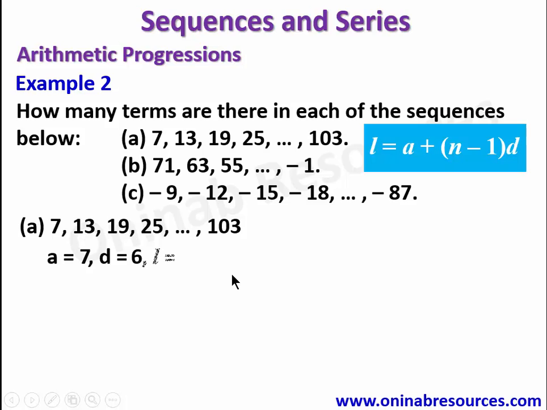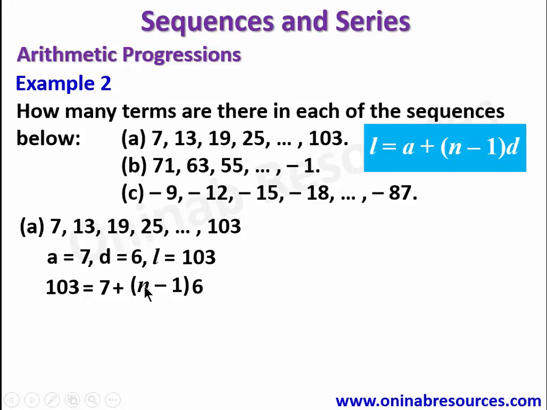And here our last term is 103. Substituting all this in the formula, we'll be able to get the value of n, such that we have 103 is equal to 7 plus (n minus 1), then multiplied by d, which is 6.